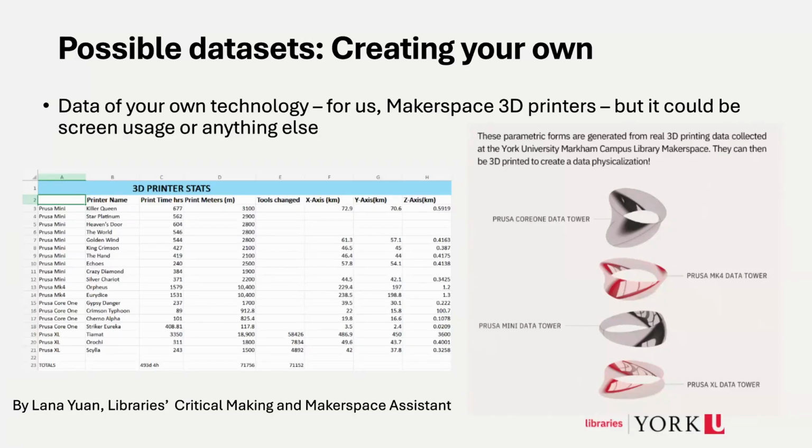And so Lana created this visualization that takes the amount of X, Y, and Z axis prints meters, and then she created these parametric forms using that. And then right now they're in digital format, but soon they'll also be created as a data physicalization, so creating 3D prints of these parametric forms too.